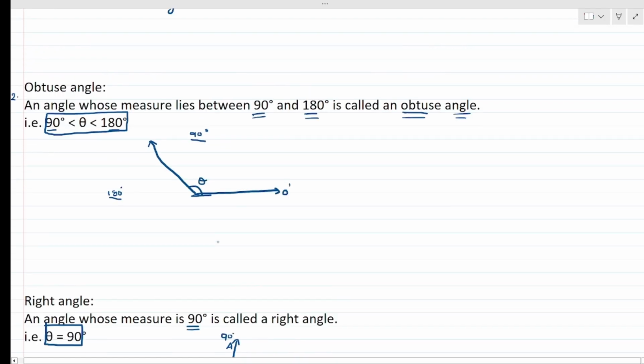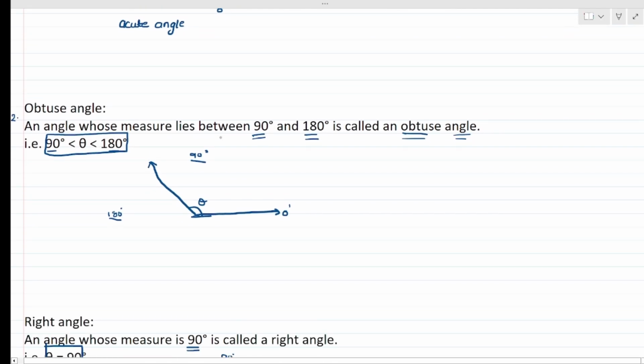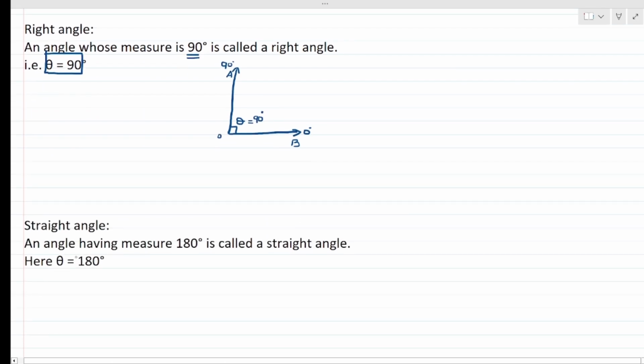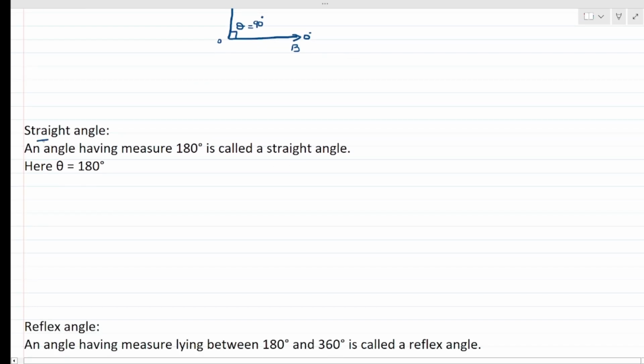Okay, so far we have seen three angles. Acute angle which is smaller than 90, obtuse angle which is more than 90, and right angle which is equal to 90 degree. Okay. So moving ahead with our next topic, which is a straight angle. An angle having measure 180 degree. That means it will be a perfectly straight line.